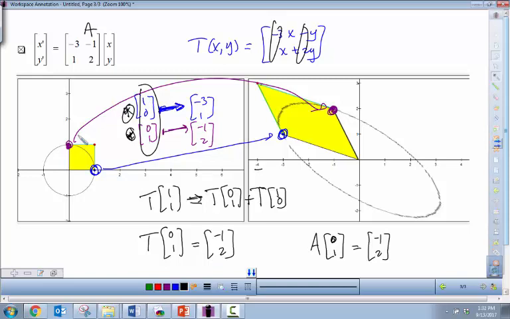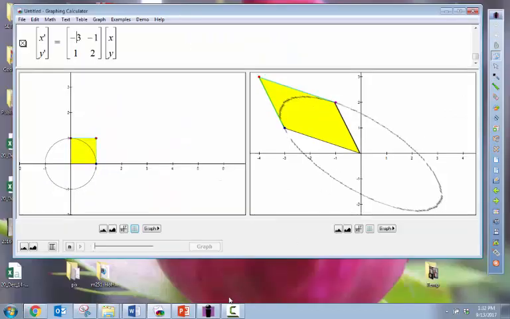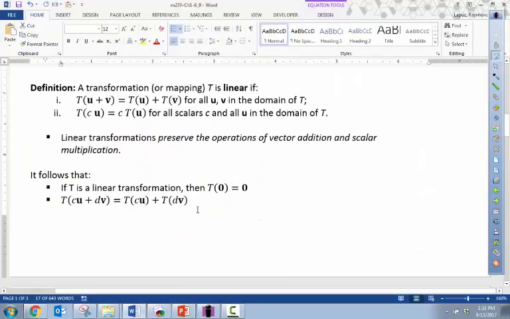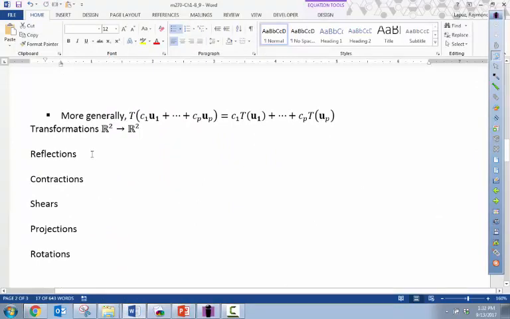So if we have a handle on the standard basis vectors and where the transformation goes in your standard basis vectors, then we can define our transformation. So I think that's how the next section starts.